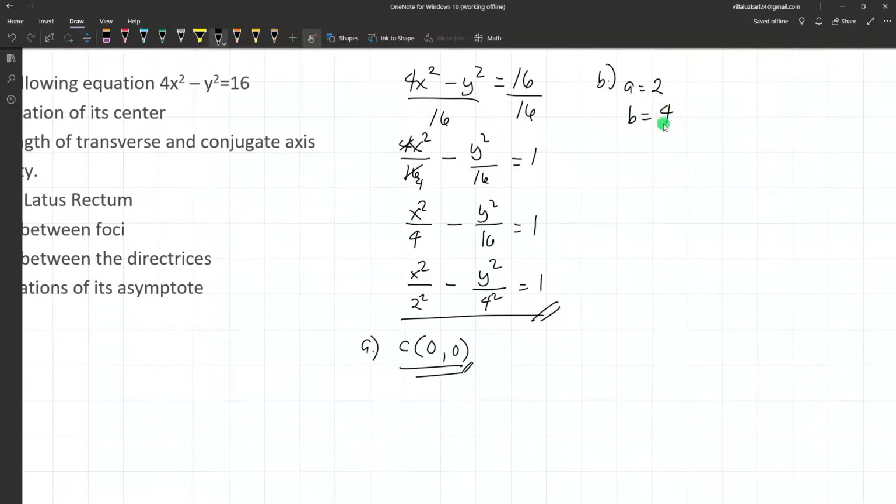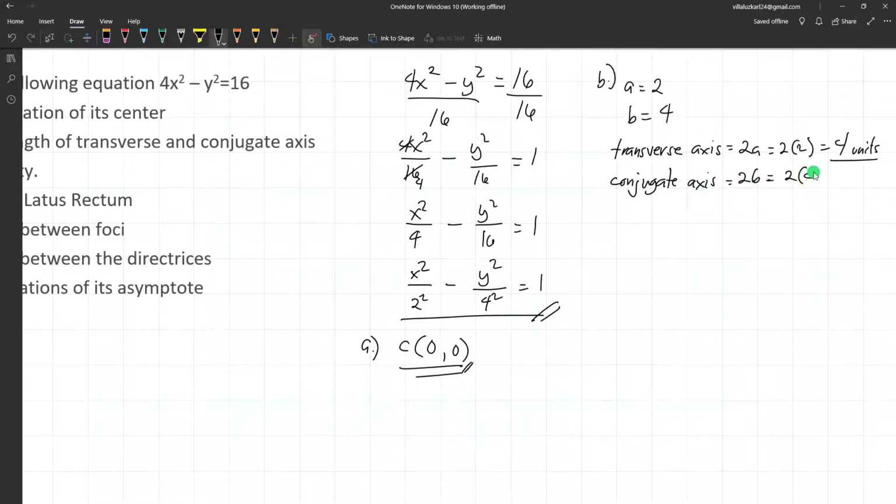That's why the transverse axis is 2a, which is 2 times 2 equals 4 units. For the conjugate axis, that's 2b equals 2 times 4, 8 units.